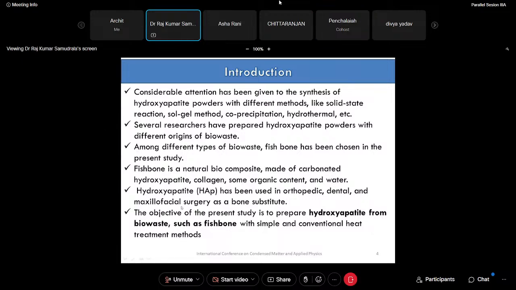Since fish bone is a biocomposite of hydroxyapatite and collagen, the content of hydroxyapatite is the major part and collagen and other contents are minute. With heat treatment, we can remove the organic components and get the hydroxyapatite from the fish bone.